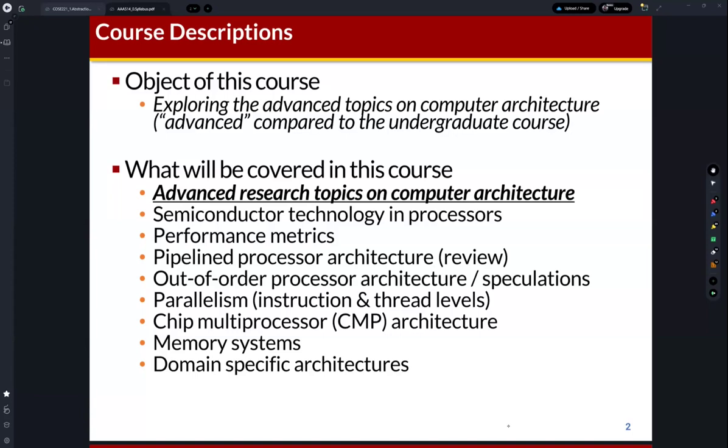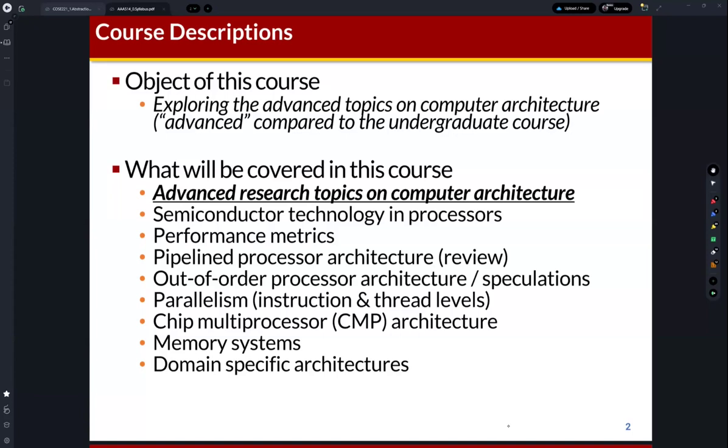For maybe 2 or 3 weeks, I will review what you learned in the undergraduate computer architecture course, such as the instruction set architecture and pipelining architecture.